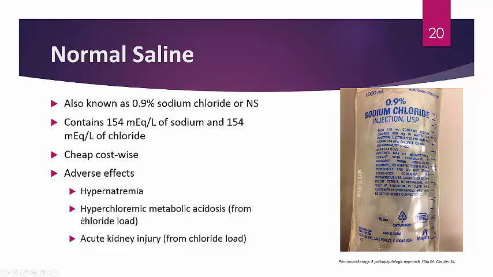And this can actually develop into a hyperchloremic metabolic acidosis from the chloride load. And remember, that is a type of non-anion gap metabolic acidosis from our acid-base talk last semester. You might also have acute kidney injury develop from excessive chloride load.